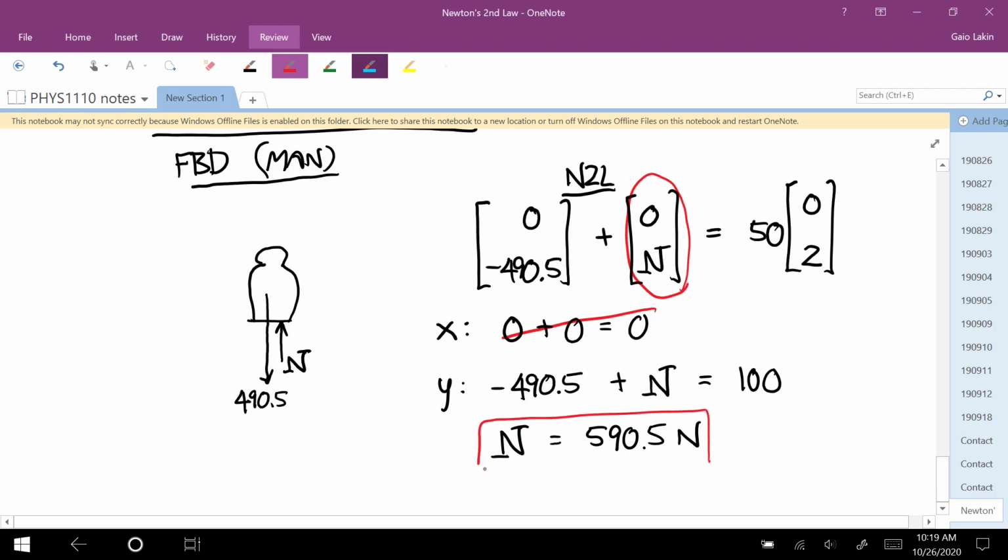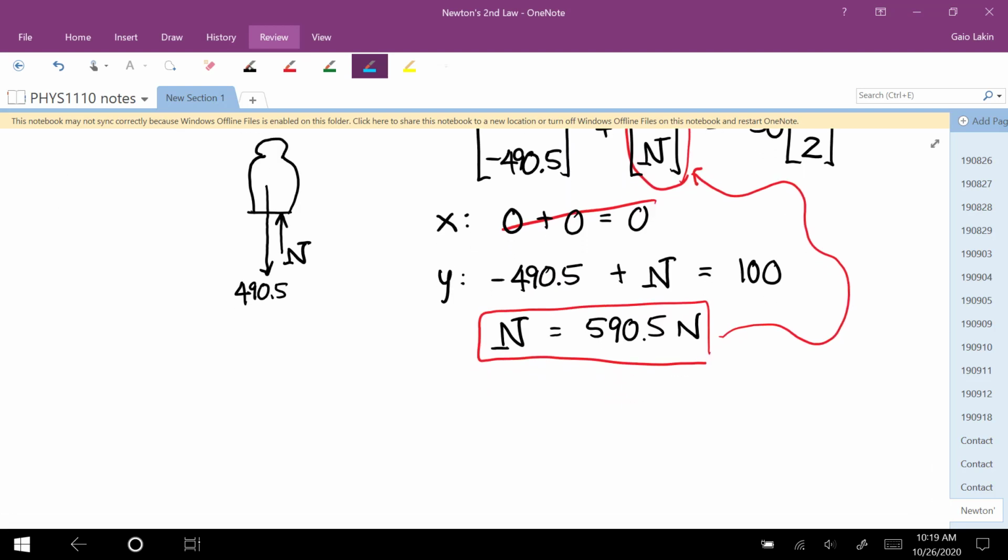Now, to come up with the force vector, you can put that value for n back into this vector, which represents the force on the man by the scale. Or you can look at the free body diagram and see that it's all upwards in the positive y direction.